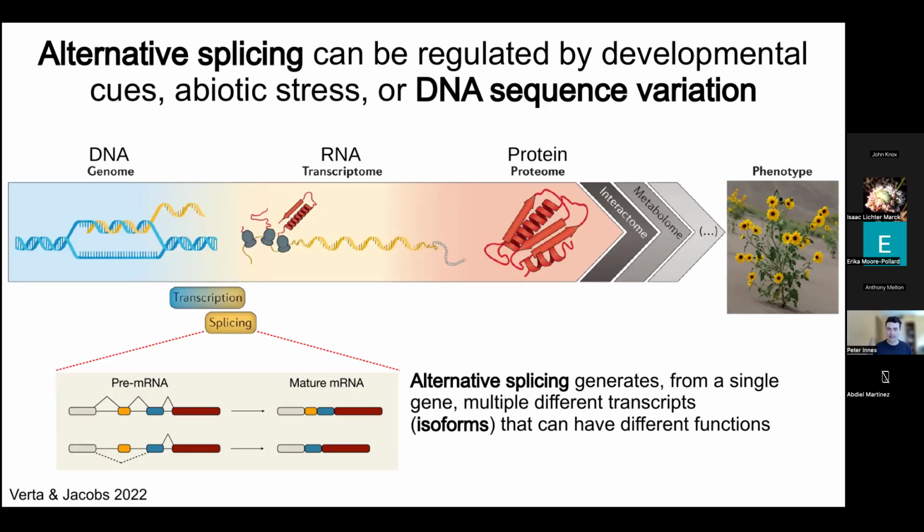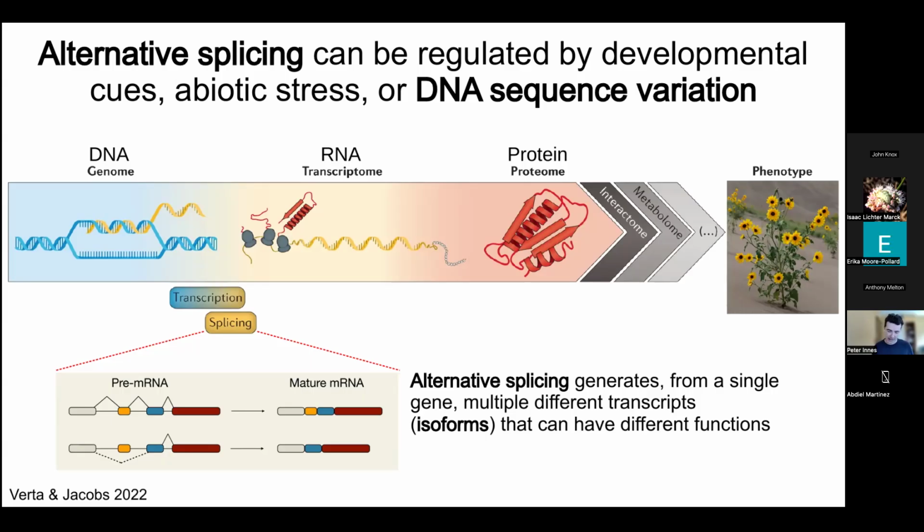For instance, at the junctions of exons and introns, you have what are called splice sites, which help spliceosomal proteins recognizing the intron and the exon. And if you have a mutation at that splice site, that can lead to different patterns of splicing or expressing alternative isoforms in different proportions.